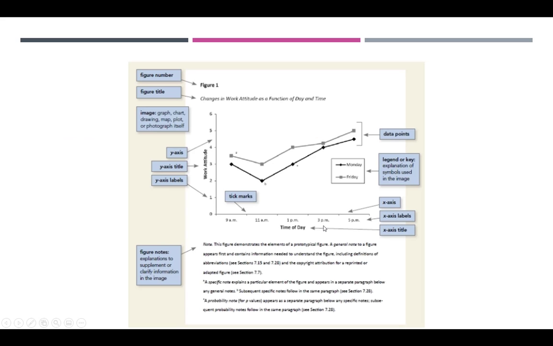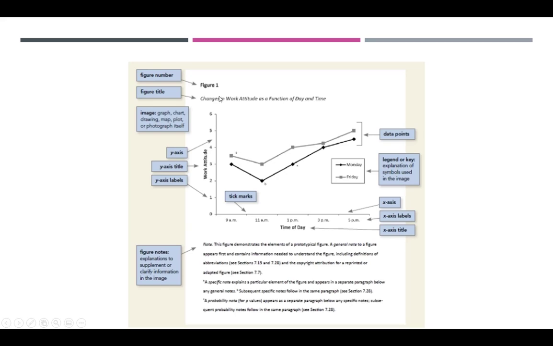They provide an example here, and ironically the image you're looking at is fairly blurred. But here you can see both your axes are labelled clearly, the units are clearly labelled, and we understand what the lines represent. This is the 7th edition, so we've got a figure number and a short title at the top and then a note underneath.